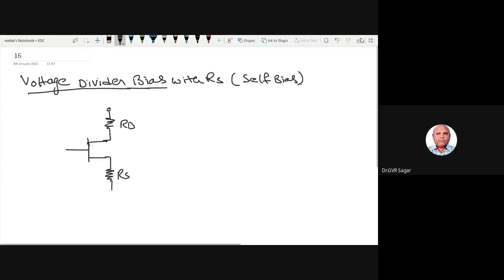The applied voltage is VDD, the drain supply voltage, and this is the gate terminal. This is the drain terminal. This is the source terminal, right? Just like how we used it in BJT biasing, a similar method I am using.